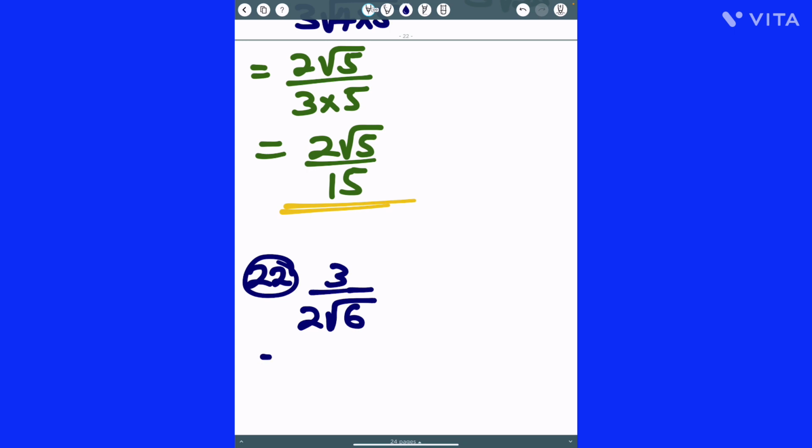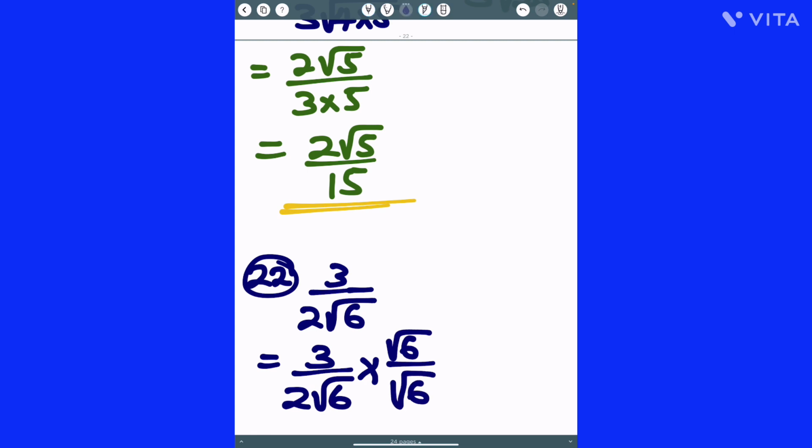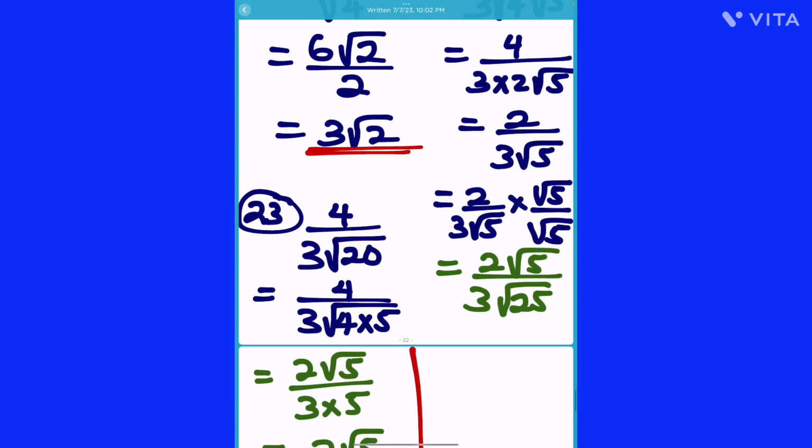Now here, 3 over 2 root 6. To rationalize this surd, I'll multiply numerator and denominator by root 6. I should be separating my sides with a line.